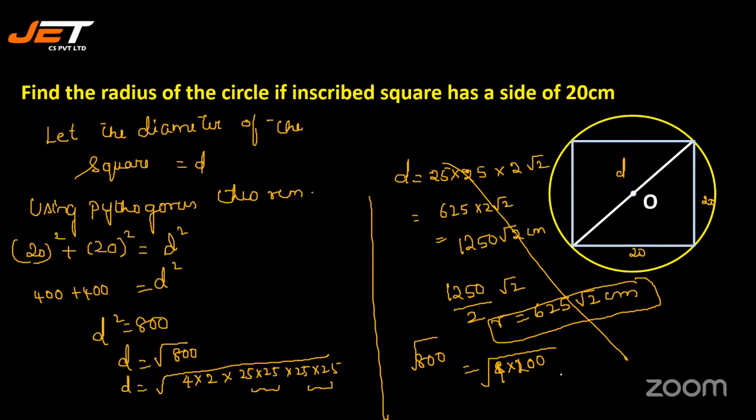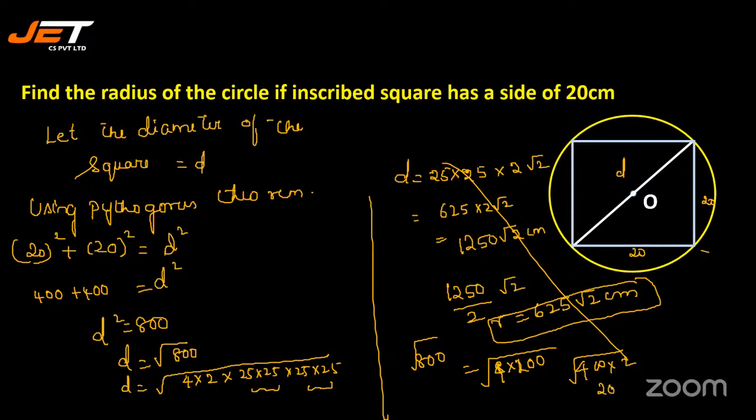So what is the root of 200? 400 into 2. Okay, so she's taken 400 into 2. So 400 root is 20.